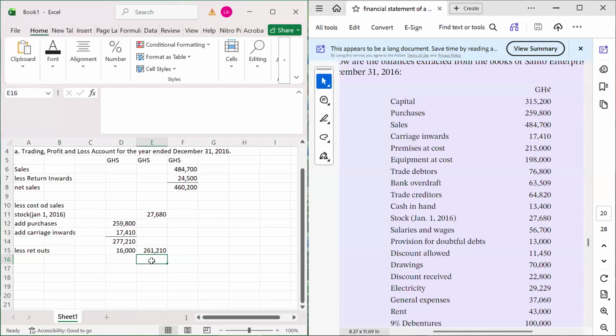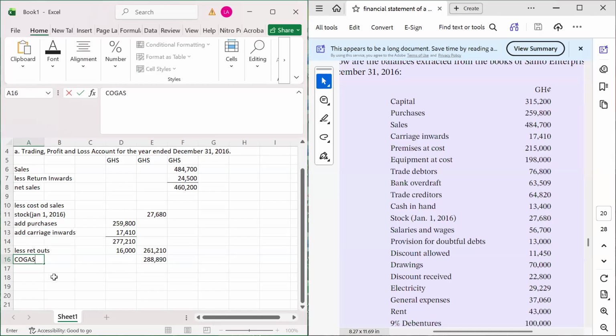So you add the two, this plus this will give us this. And this is what we call cost of goods, cost of goods available for sale.